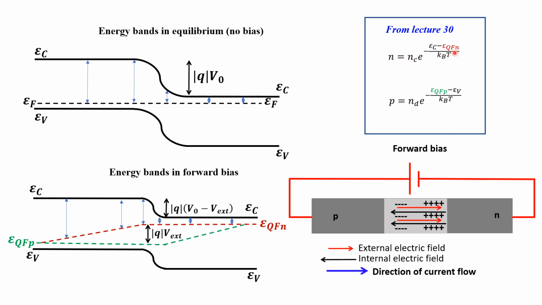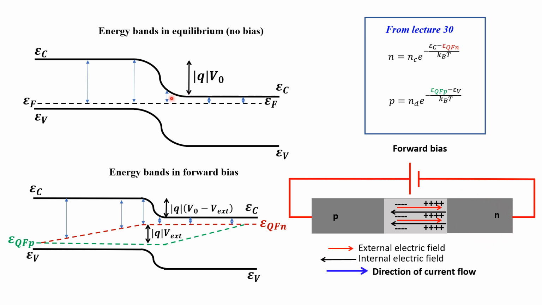If this number here is a small number, then n is a high number, because the exponential has this negative term here. So a short distance means a high concentration of free electrons. Recall that this is the n side. So this short distance here makes sense because we do have a high concentration of free electrons in the n side.